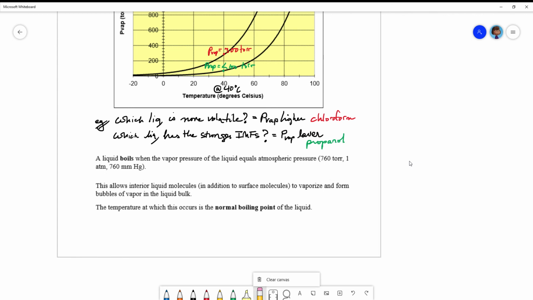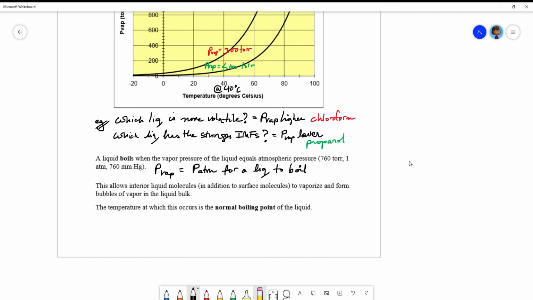Well, it turns out, if we're thinking about this process very carefully, a liquid can only boil when the vapor pressure of the liquid equals atmospheric pressure, which, depending on your units, is 760 torr, 1 atmosphere, 760 millimeters of mercury, etc. In other words, I'm just going to write that here, that P vapor must equal P atmosphere for a liquid to boil.